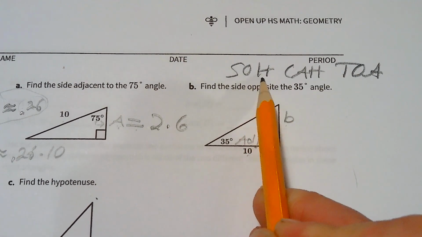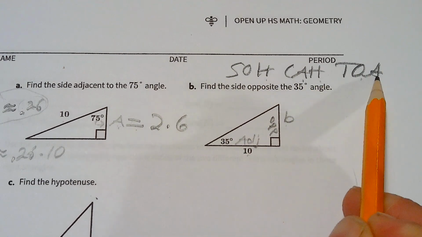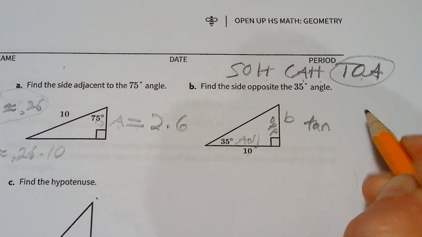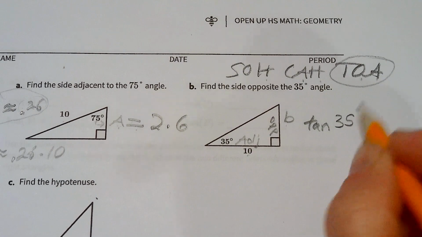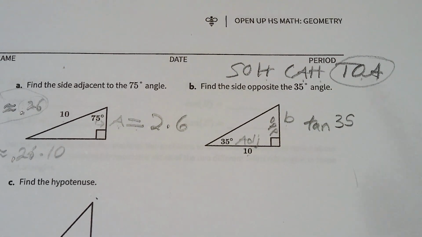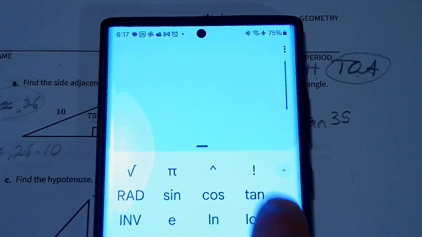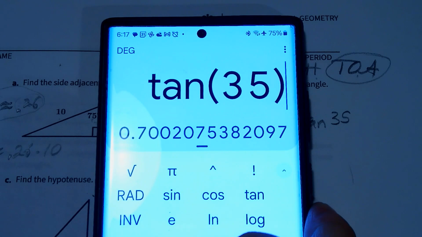There's opposite, but the hypotenuse. There's the adjacent, but the hypotenuse. There's the opposite and the adjacent. That's the one I want. I want to know, oh magic computer, what is the tan of 35 degrees? 0.7, almost exactly.